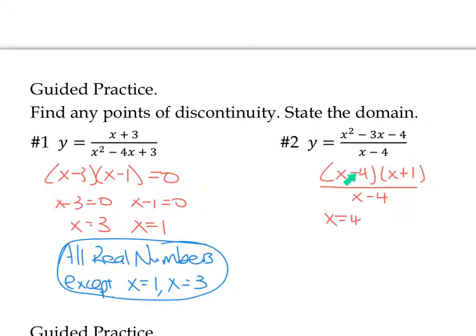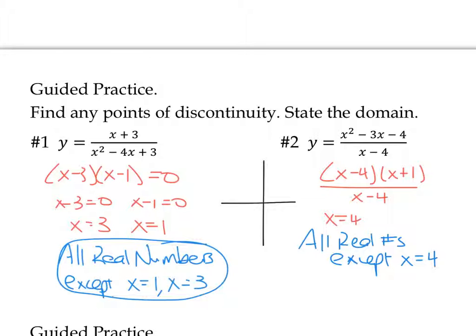Okay? Since it's a common factor in the numerator and denominator, it's going to look like a hole in the graph. Let's talk about that here in a second, but first let's write out our domain, which is all real numbers except x equals 4. Okay? And so when you go to draw this graph, this is not what the graph necessarily looks like, but let's say it looked something like this.